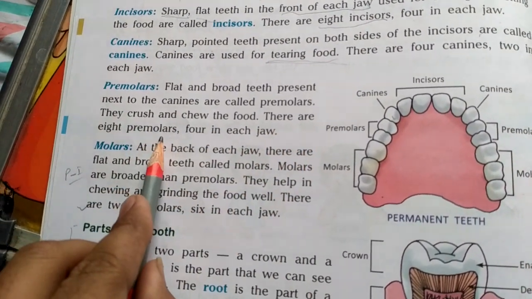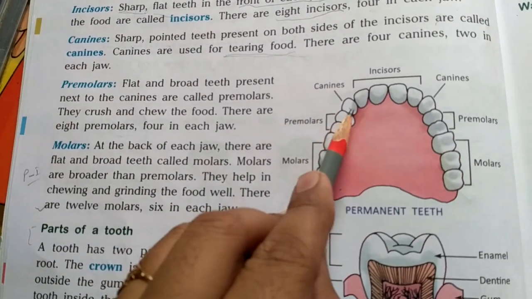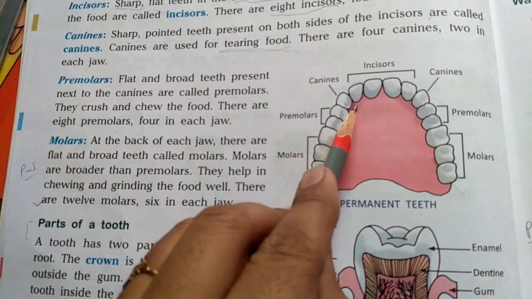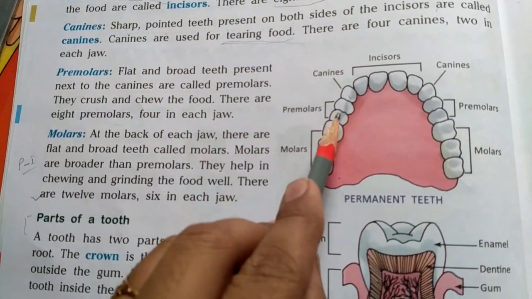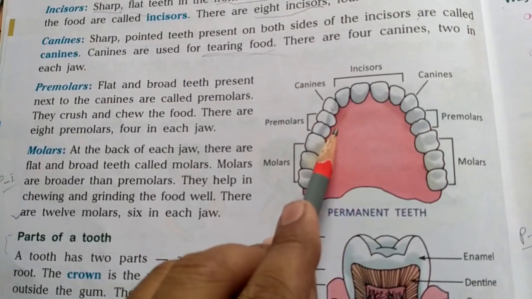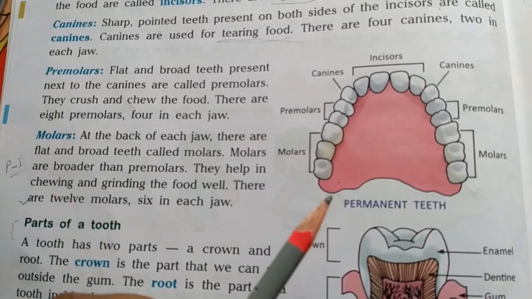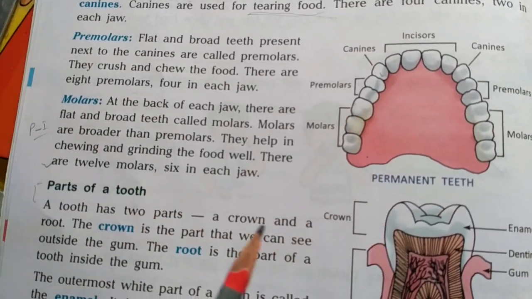There are 8 premolars, 4 in each jaw. They are present next to the canines, after the canines. So there are 4 premolars on the upper jaw and 4 in the lower jaw also. So this was all about premolars.